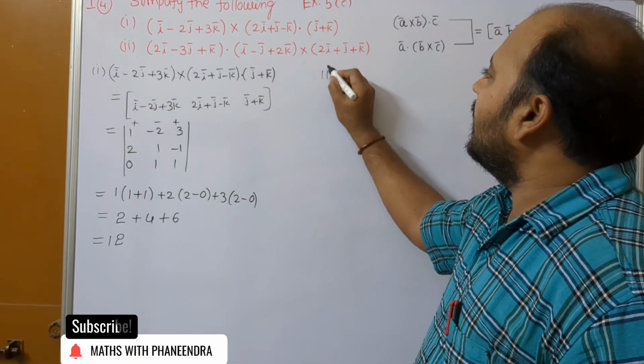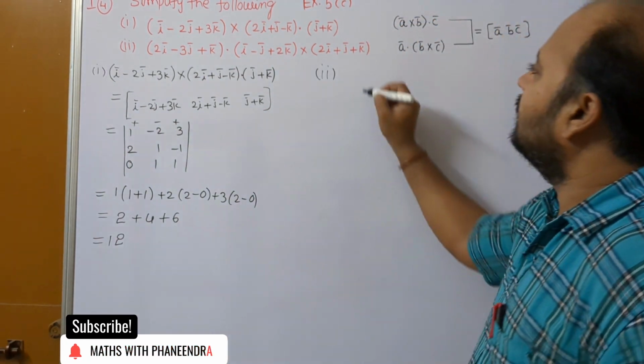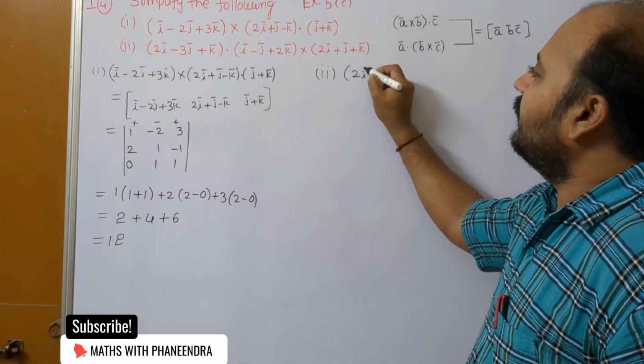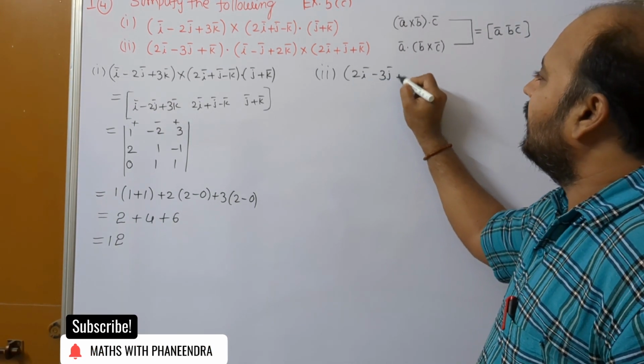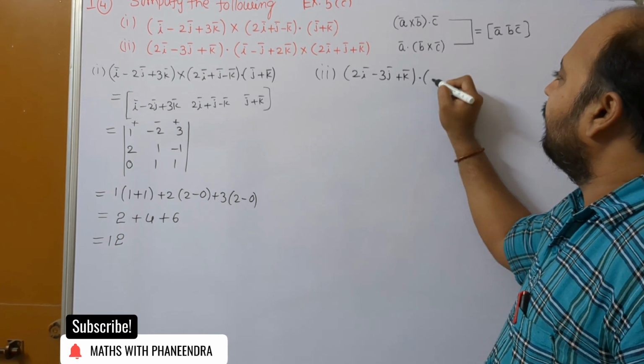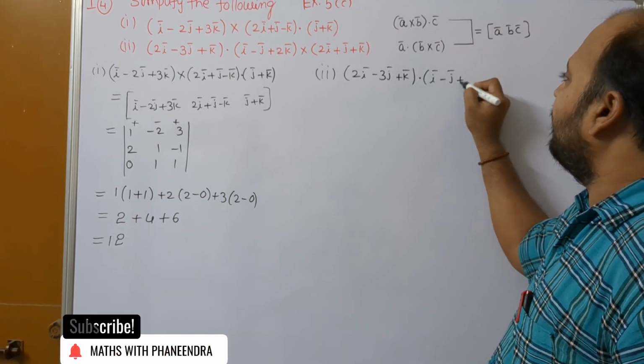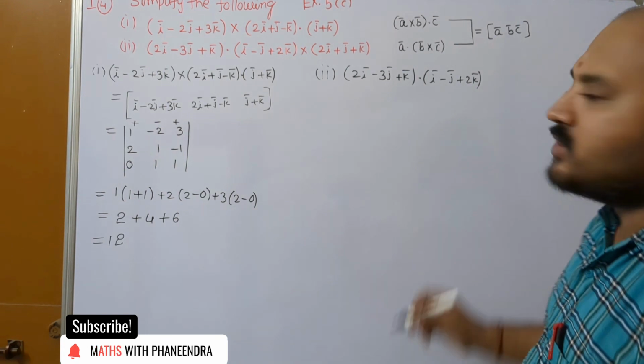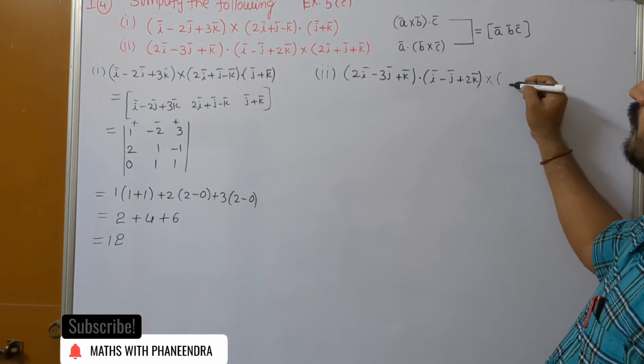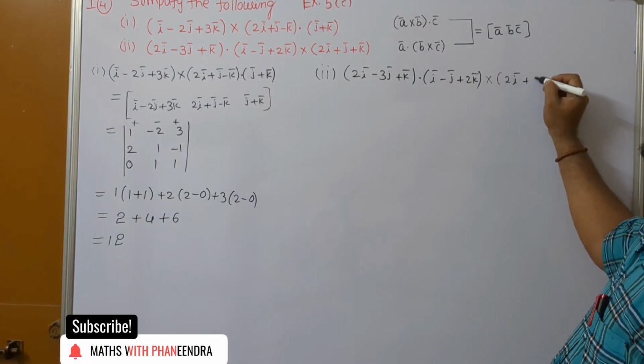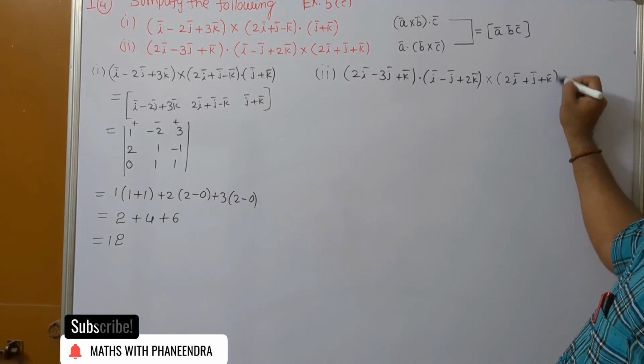Come to the second one. Second one is (2i minus 3j plus k) dot (i minus j plus 2k) cross (2i plus j plus k).